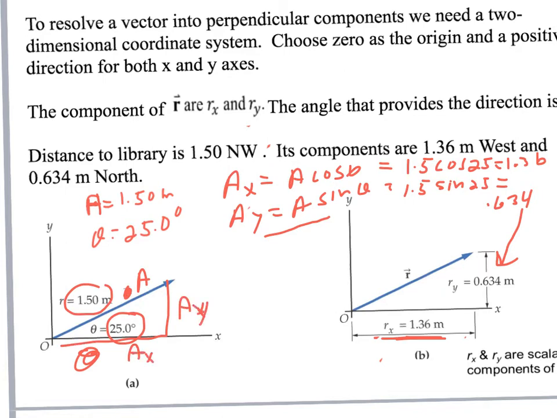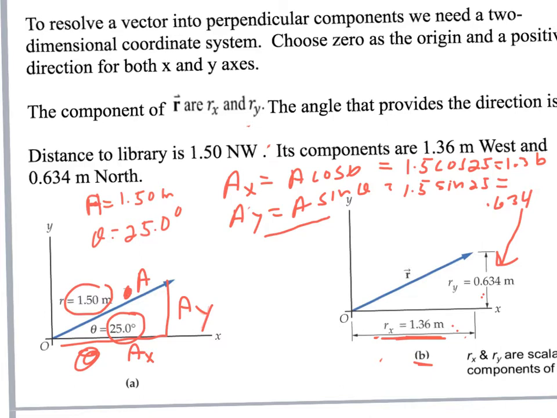When we broke it down into our components and then used our trigonometry equations, we see that we got the same answer in B. And then we can work in the opposite direction now. We can look at figure B and say, okay, we have these components right here. If we use our trigonometry equations, are we going to come up with 1.5 as our vector?